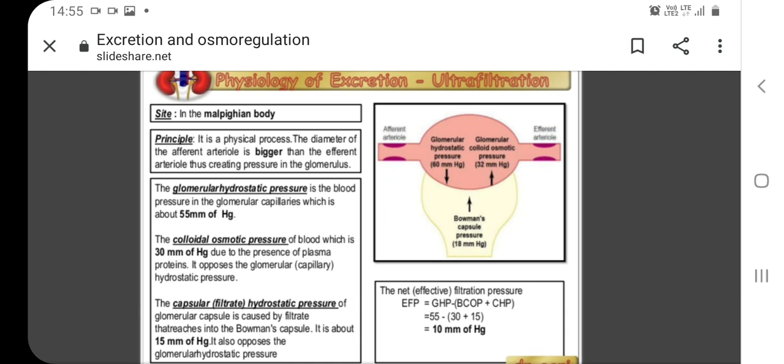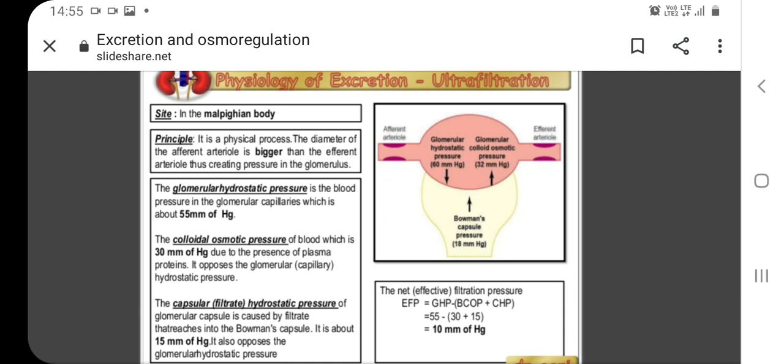The glomerular hydrostatic pressure is the blood pressure in the glomerular capillaries, which is about 55 mm of mercury.